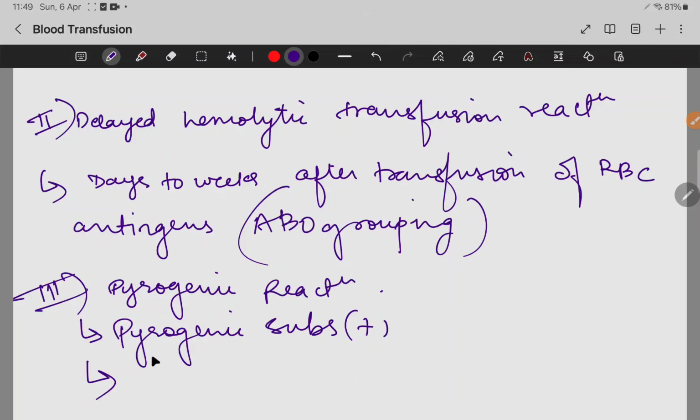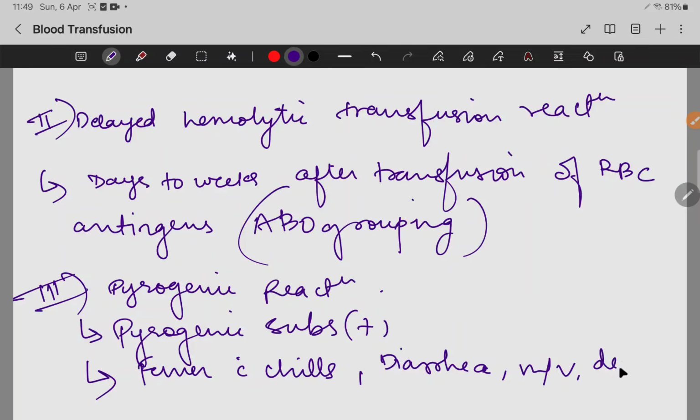It is characterized by fever with chills, diarrhea, nausea and vomiting, delirium and shock.